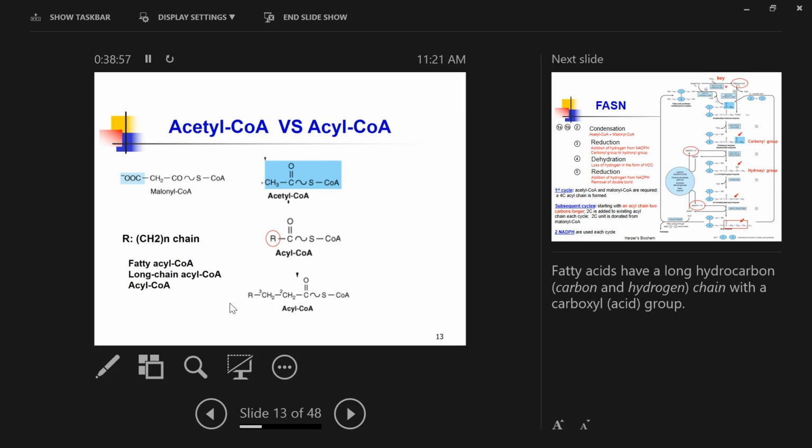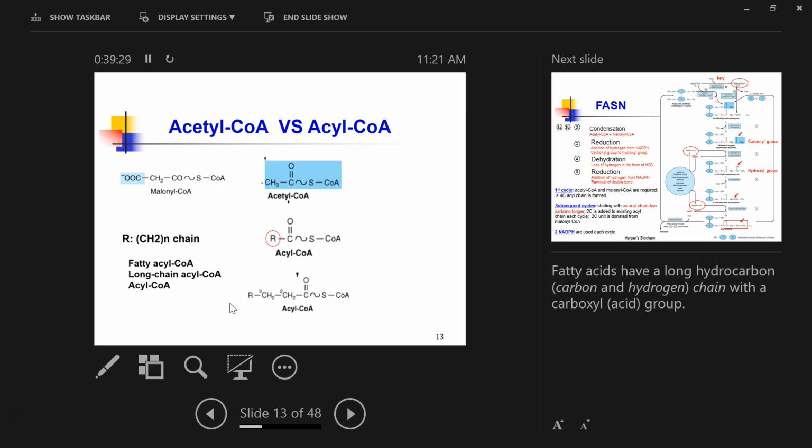The R group is basically the carbon-hydrogen chain, and it depends on what type of fatty acid. If it's palmitoyl-CoA, that means it has 16 carbons, right? For other types, the R group carbon chain can vary depending on the fatty acid, whether it's a 16 carbon fatty acid, 18, 20, or whatever.